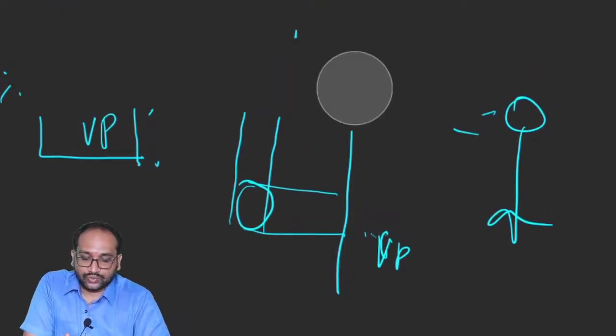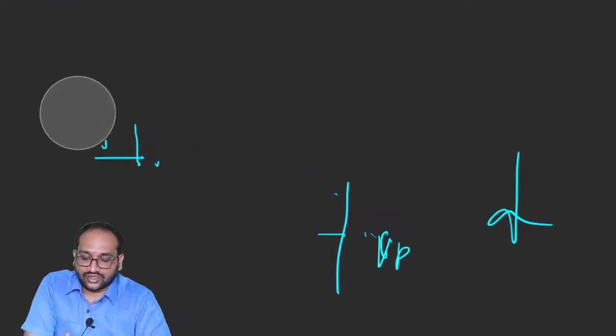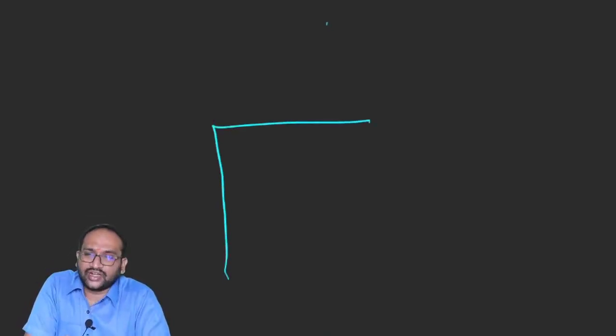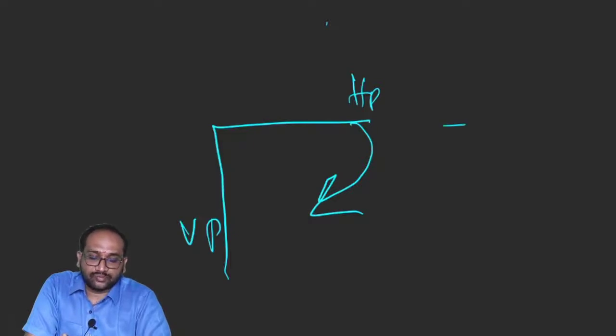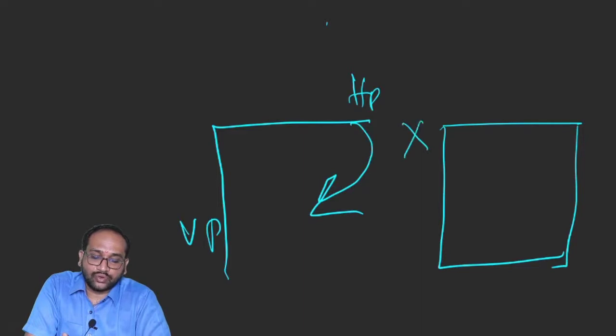Now coming to fourth angle projection, we are fixing the vertical plane, rotating the horizontal plane clockwise 90 degrees. This is the fourth quadrant. This is HP. This is VP. If we rotate the horizontal plane, both planes are overlapping with each other and both views come below XY.